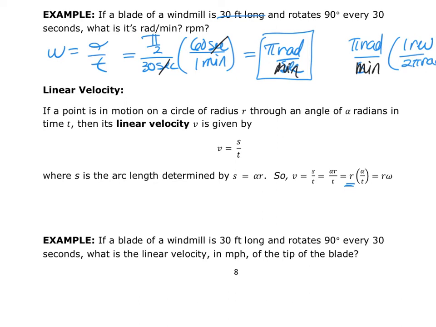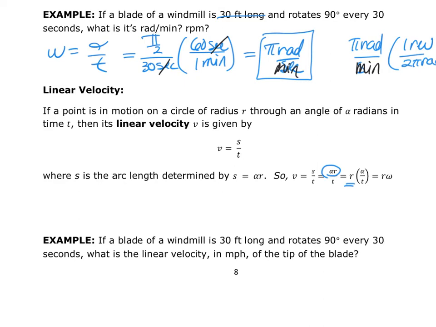So the way that we define our linear velocity is the distance s divided by its time. So that's rate times time equals distance all day long. But now if we convert from angular velocity to linear velocity, we know this is s divided by t. But my s, we know from before, the arc length is alpha times r.